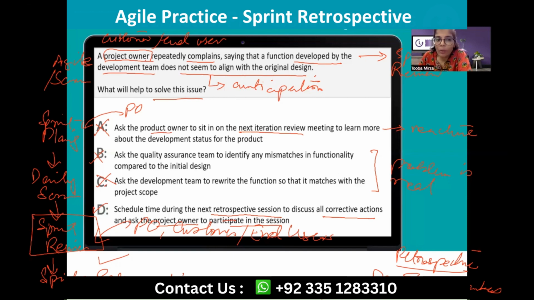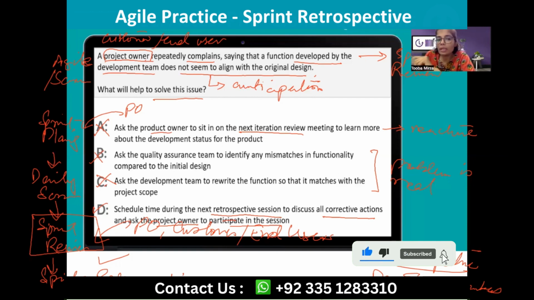First of all, you are not expected to rewrite anything, at least in that sprint. Number two, you are not expected to re-verify whatever you have made till that point in that sprint. Number three, after the review, only two possibilities are there.